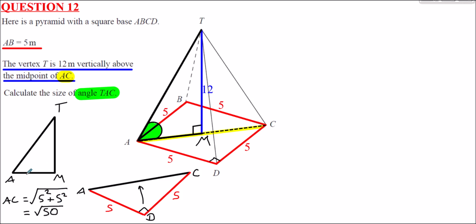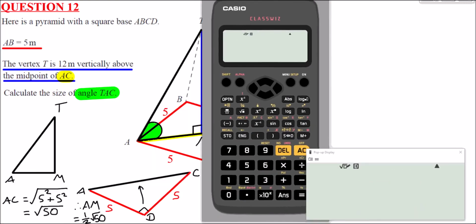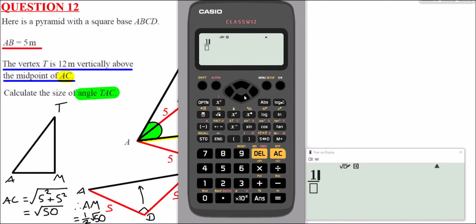So therefore, AM, that's going to be, because it's only halfway from A to C, half root 50. So what is half of root 50? Well, luckily it's a calculator exam, so let's try that. So half of root 50 gives us, roughly speaking, 3.535534.